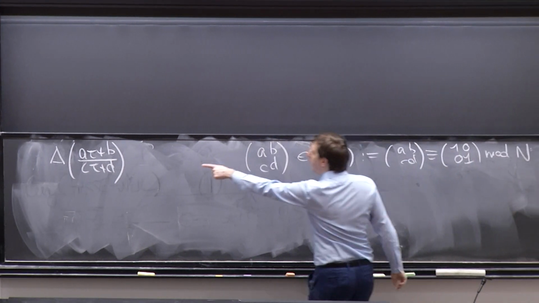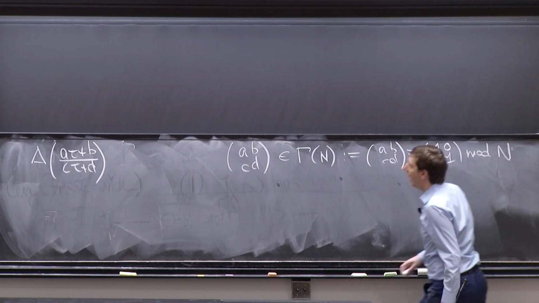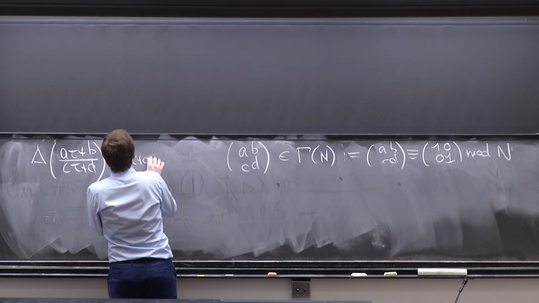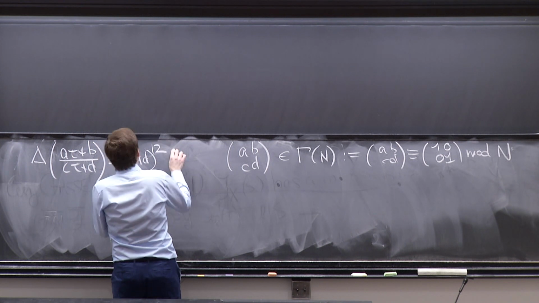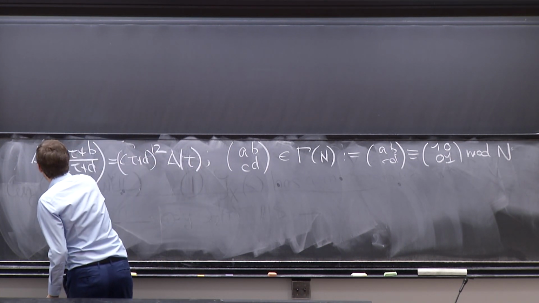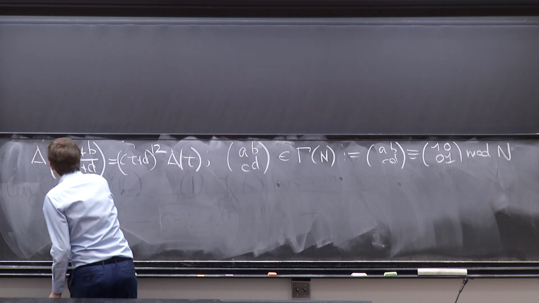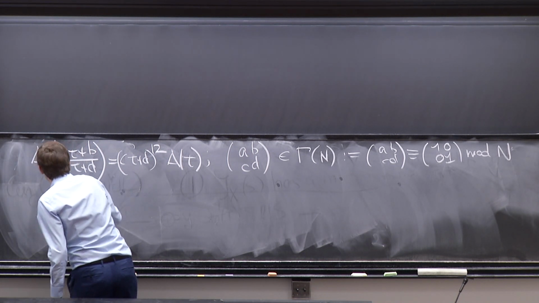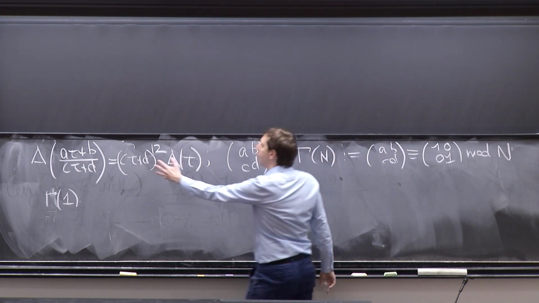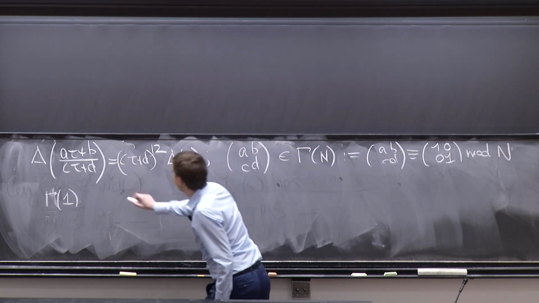So let me write out the formula: delta of (a tau plus b)/(c tau plus d) equals (c tau plus d) to the power of 12 times delta of tau. For all matrices, in this case, the level is 1. So in fact, for any element of SL2(Z), it satisfies this transformation property.